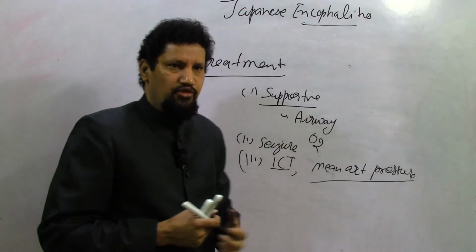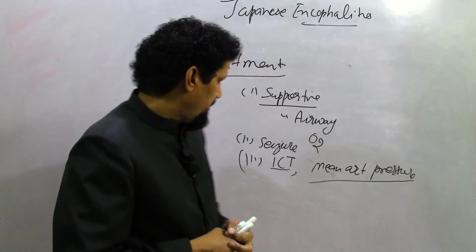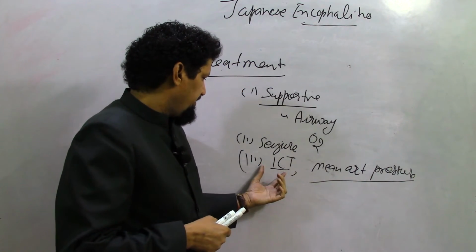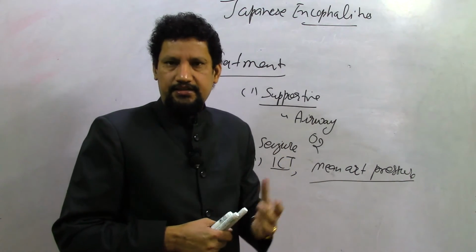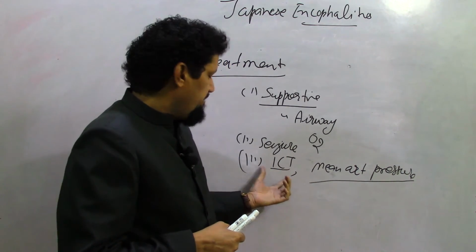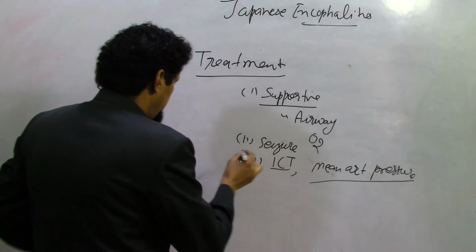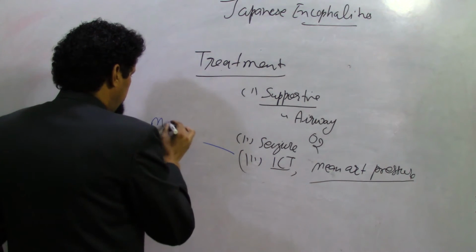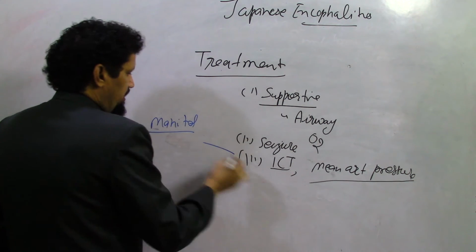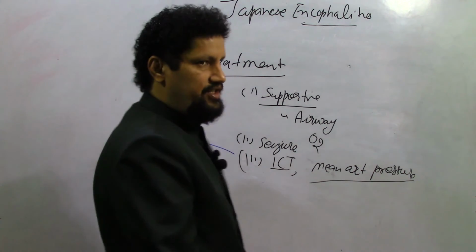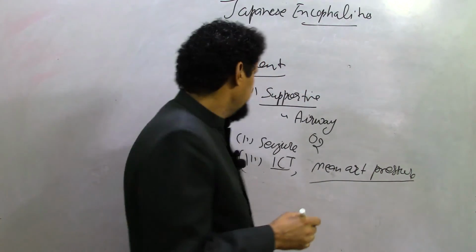The seizures are more common in children less than 10 years. Increased intracranial pressure and severe headache are more common in the adults. The mannitol is used to decrease the intracranial pressure and the pressure inside the subarachnoid space.